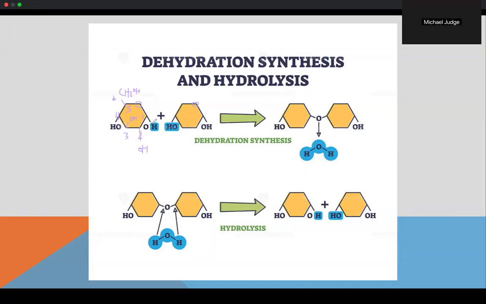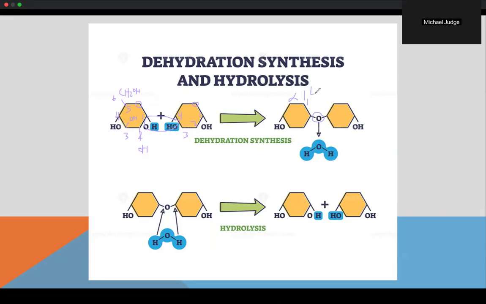The first OH group from one alpha glucose, the one that I've drawn on in purple here, is linked to the 4th OH group of a second alpha glucose. 2, 3, you can see that's on the 4th carbon of the ring. And when 2 H's and an O are removed, 1 O is left behind and serves as a linkage between the 2 alpha glucoses.